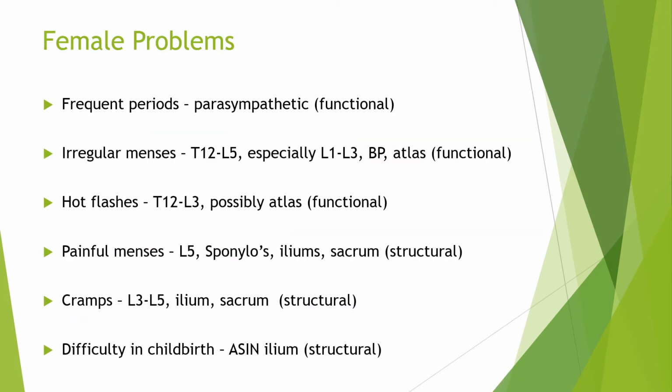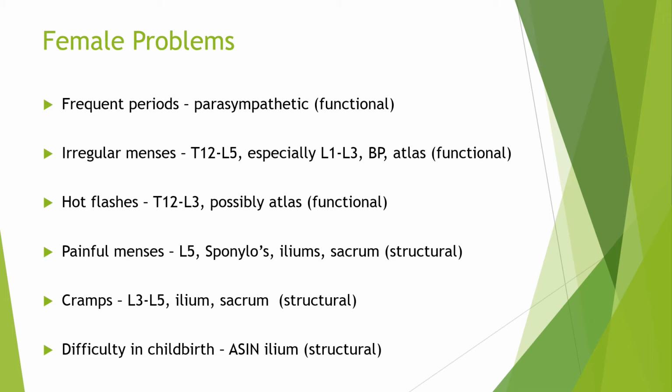Here's a list of some common female problems that you'll often see in your office. We'll list the problem, whether it's a structural or functional issue, and the area of the spine commonly associated with difficulties in these areas, the levels of subluxation. Frequent periods is a parasympathetic issue, typically functional.